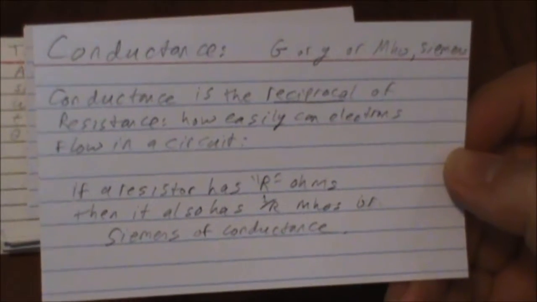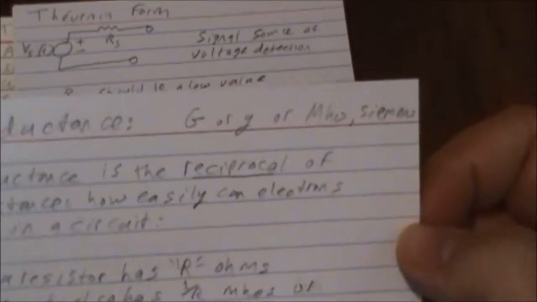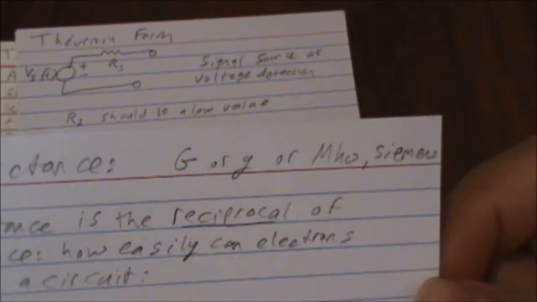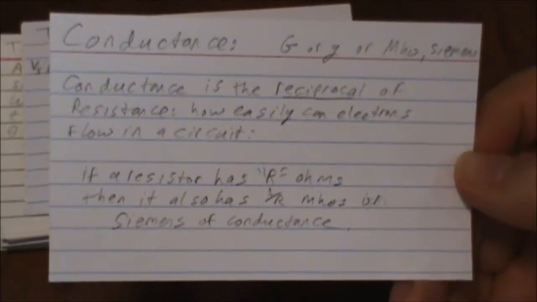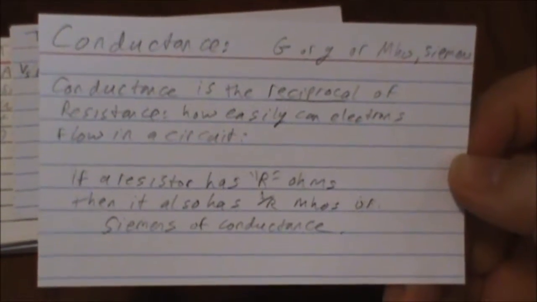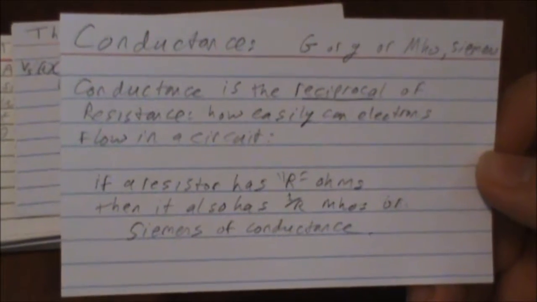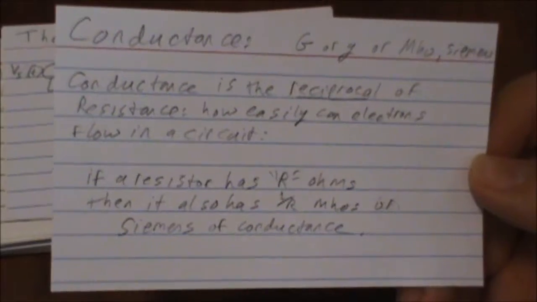That's literally what they did until they found this guy named Siemens, S-I-E-M-E-N. He was a German guy, and you've probably seen his name on companies and stuff. There's a whole company with Siemens Electronics and whatnot. They named the unit of conductance after him.